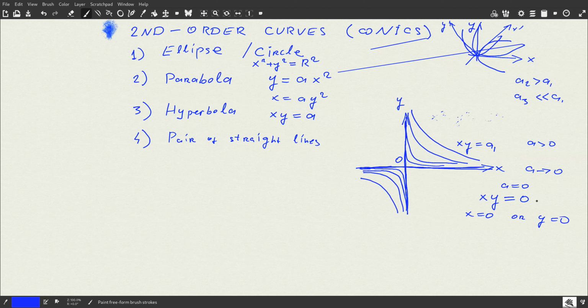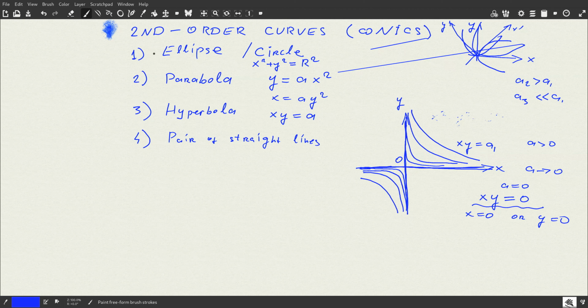So as a limiting case of a hyperbola, you have just a pair of intersecting straight lines, which otherwise would be asymptotes of this hyperbola. So this is a kind of degenerate equation which gives us a pair of straight lines.